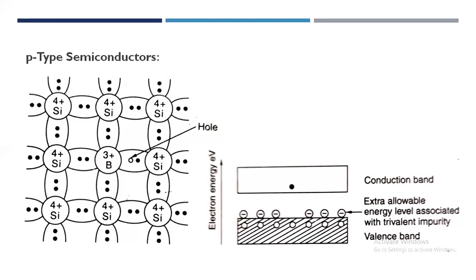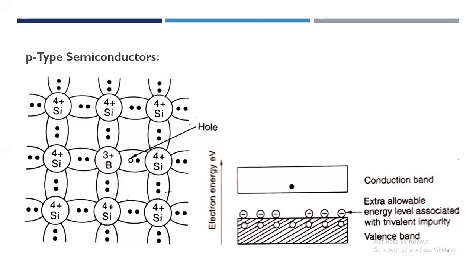The impurity atoms that contribute holes in this manner are termed acceptors because they accept electrons from the silicon atom. As we saw in the N type, phosphorus is a donor, and here the boron atom is called an acceptor because it accepts electrons from the silicon.